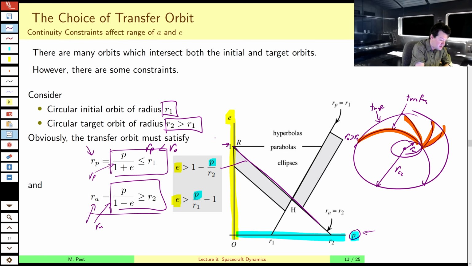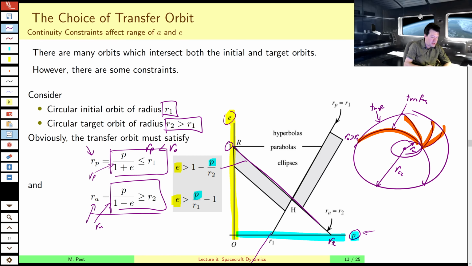So this is R2, and then this is R2. And then the other constraint is that E has to be greater than, we have a slope here, 1 over R1, minus 1. So our intercept is down here at minus 1, and here our intercept is at 1.